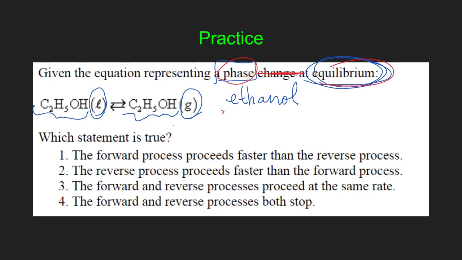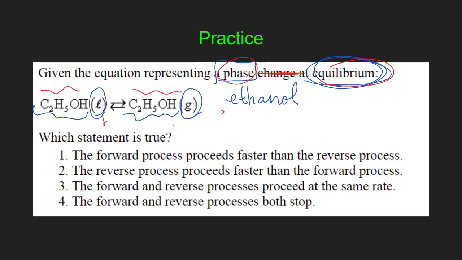So regardless of what's going on, if I know the definition of a phase equilibrium, I should be able to pick out the answer. That's exactly what they're really testing you on here: do you know what a phase equilibrium is? If you let yourself get thrown off by the fact that this is a chemical you don't recognize, that's a trap, designed to make you feel confused.